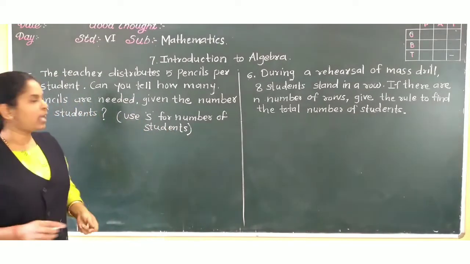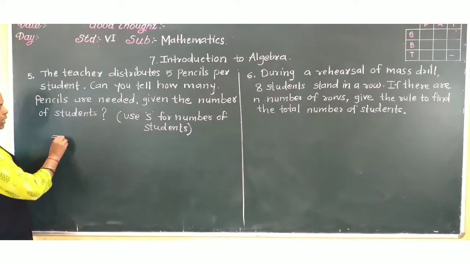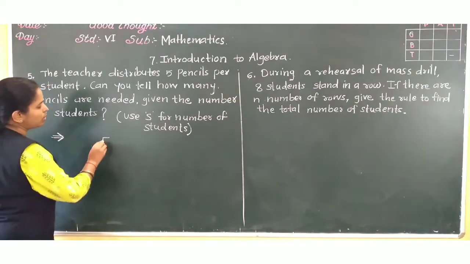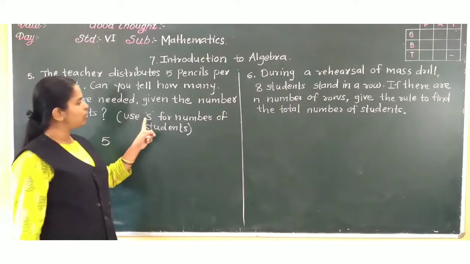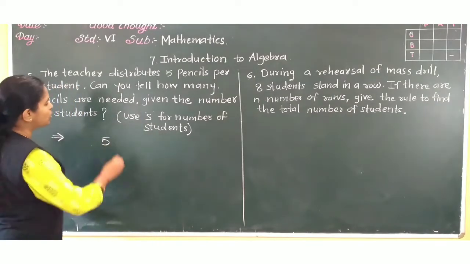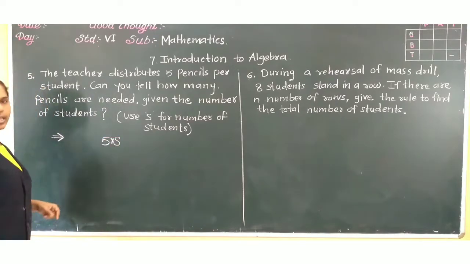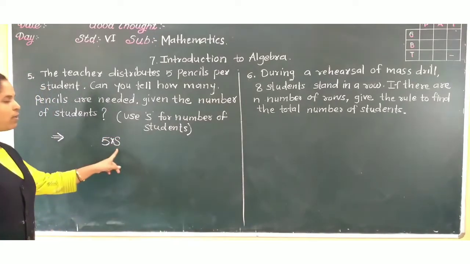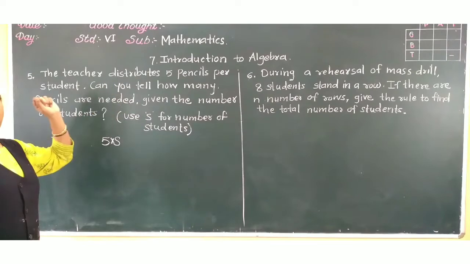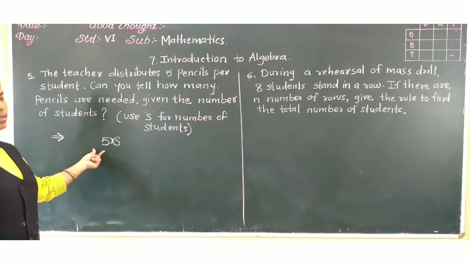So how to write that as a mathematical expression? For the number of students, we use the symbol S. So 5 pencils to each student, that is 5 into S, 5S. In this way we can express this sentence in a mathematical way.